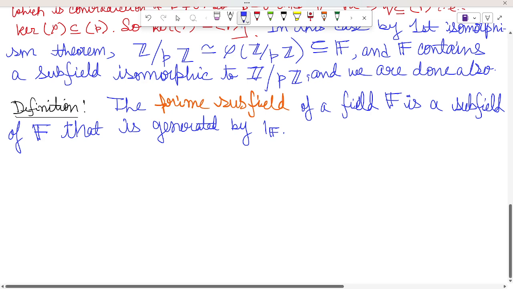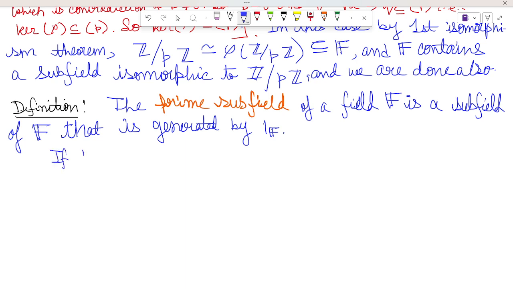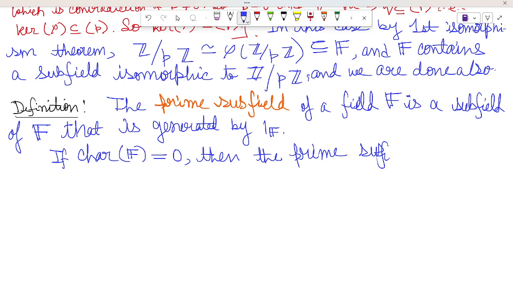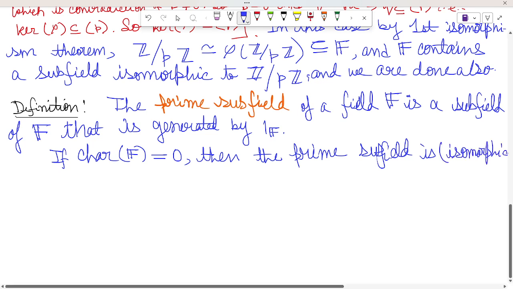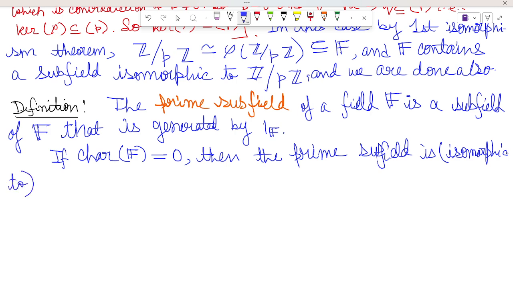So if the characteristic of F is 0, then the prime subfield is isomorphic to Q. Why?